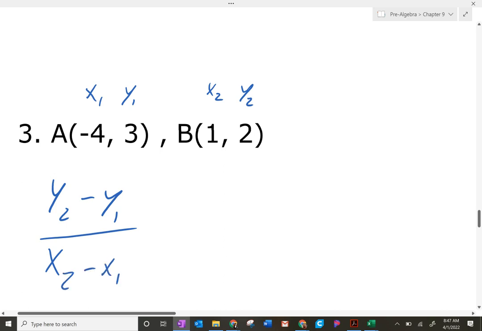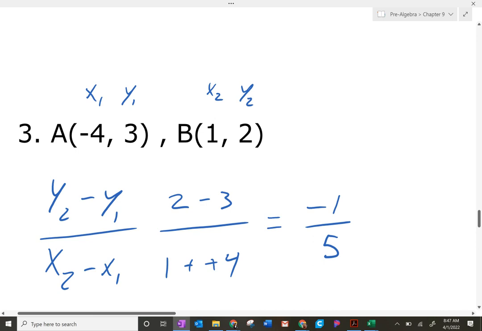You should have had 2 minus 3 over 1 minus a negative 4. So minus negative turns into plus a positive. 2 take away 3 is negative 1. Over 1 plus 4 is 5. Your final slope should have been negative 1 over 5. If you would have done the numbers in the other order, it would have been 1 over negative 5.